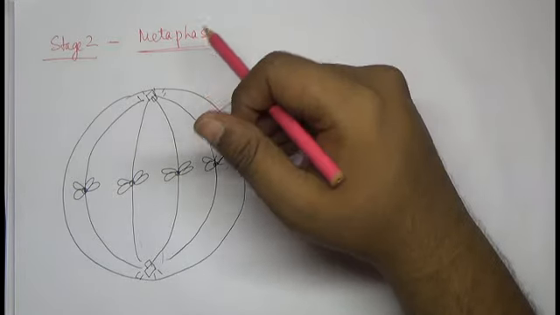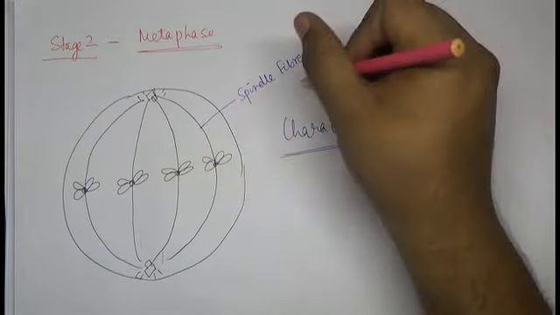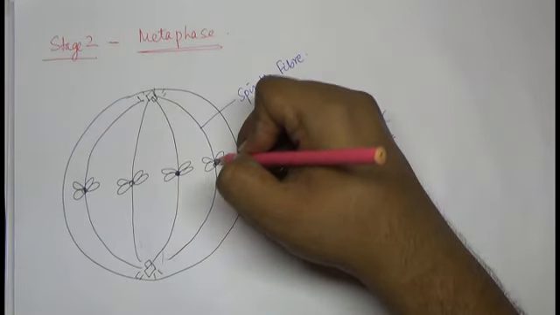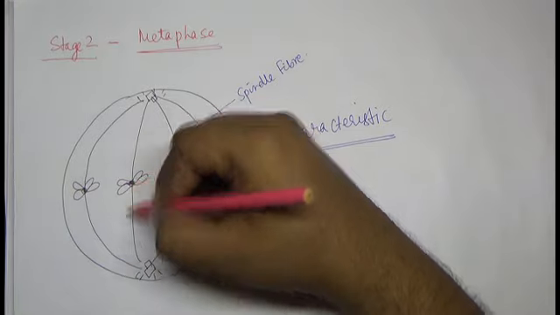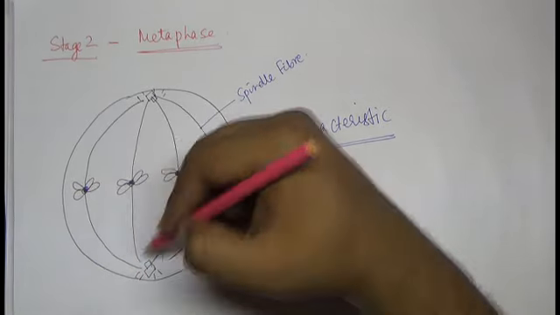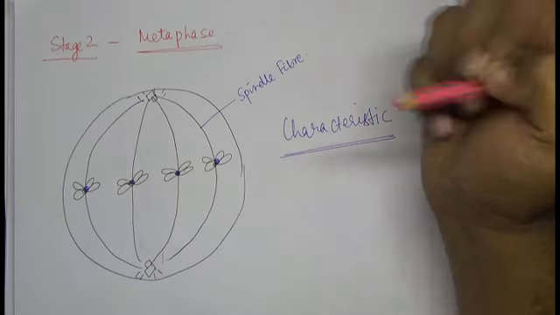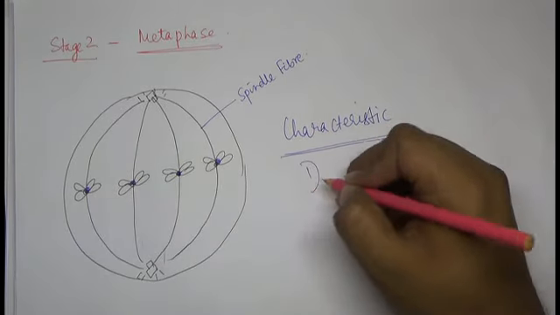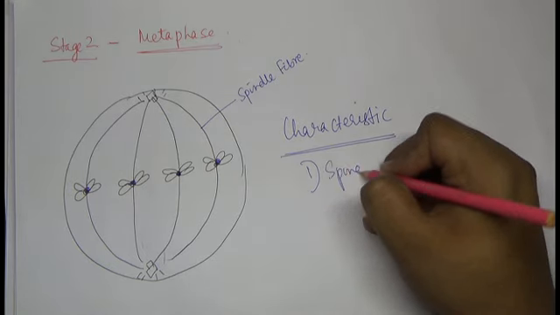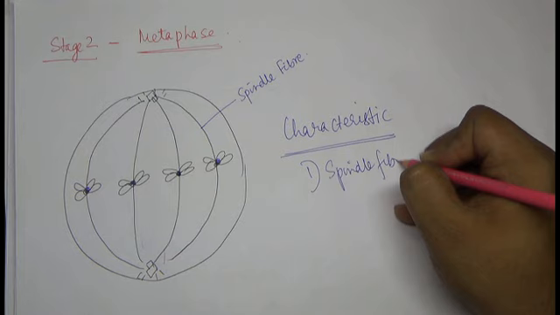We show it in the metaphase. At the centromere region of the chromosome, it has a sticky protein. It attaches itself with the spindle fiber. So the first characteristic of metaphase is the appearance of spindle fiber.